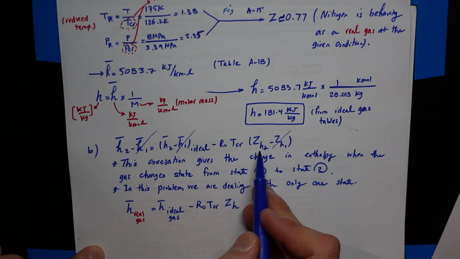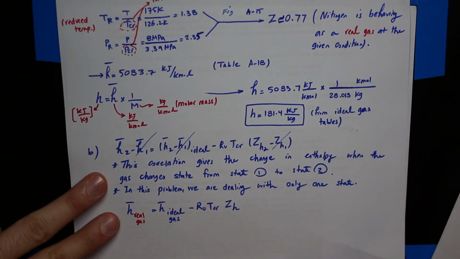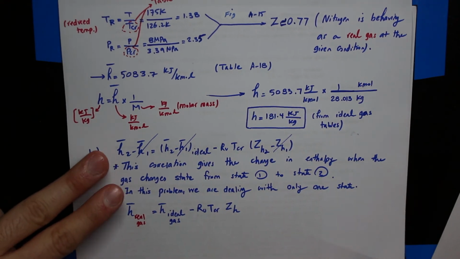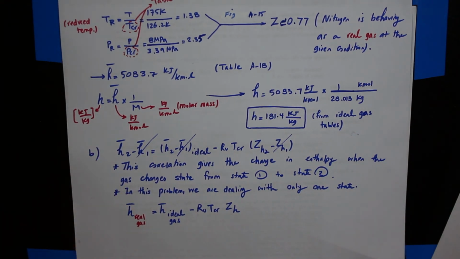So this ZH is coming from the chart, all right? The title is going to be enthalpy departure factor, which is coming from figure A29. Right now, the left-hand side is our question mark. This is what we need to find.